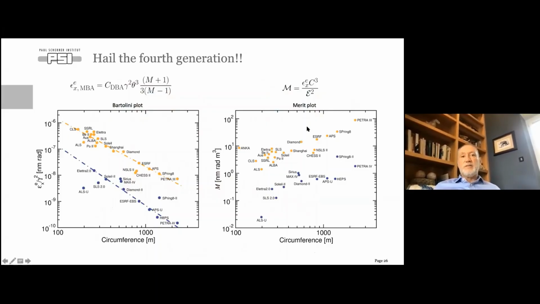What I show on the right-hand side is essentially the same plot, but I've multiplied by the cube of the circumference, because this is proportional to the subtended angle for any one achromat.